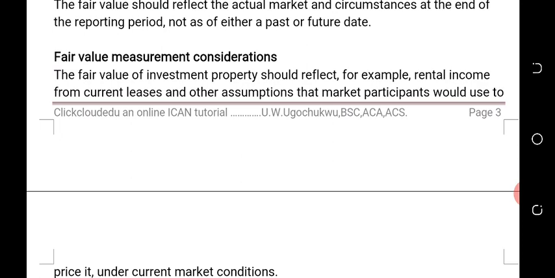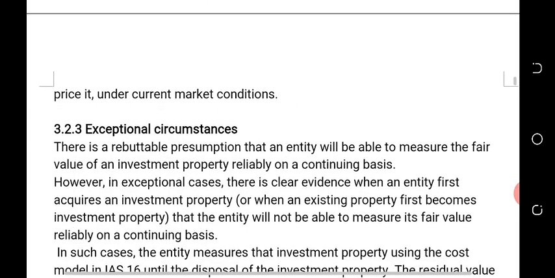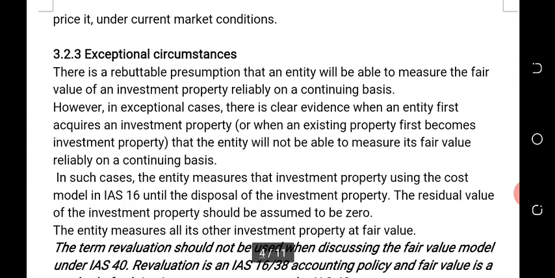So, to value our fair value, we should always look at that standard, IFRS 13. That is why I introduced IFRS 13 at the foundation skills level. That standard is one we should look at very well.